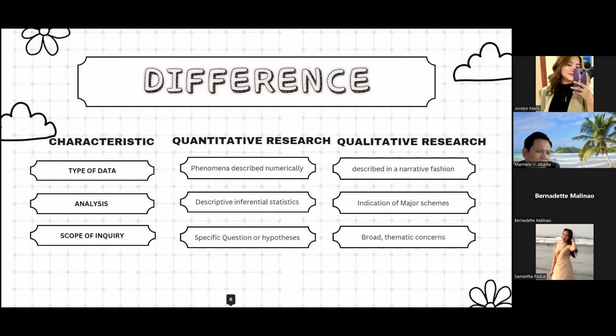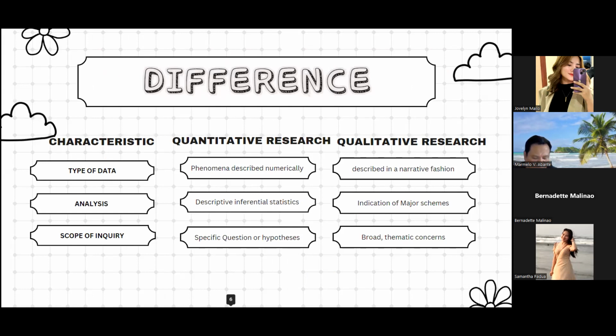In terms of data type, quantitative research is where the phenomena are described numerically, while in qualitative research, phenomena are described in a narrative fashion. Quantitative is expressed in numbers, while qualitative is expressed in words and images.